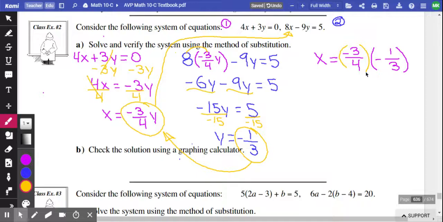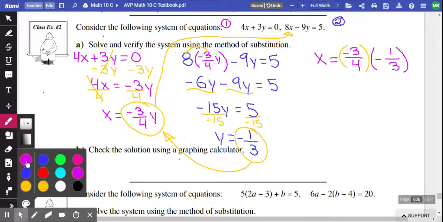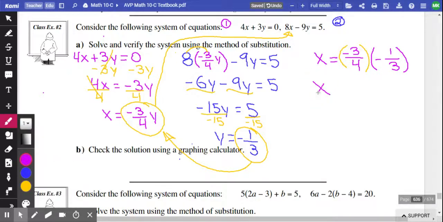When you do that, you're going to get 0.25. If you turn that into a fraction, go math frac, you get x equals 1 over 4. My solution is 1 over 4, comma, negative 1 over 3.